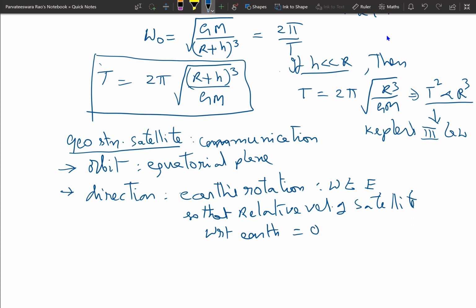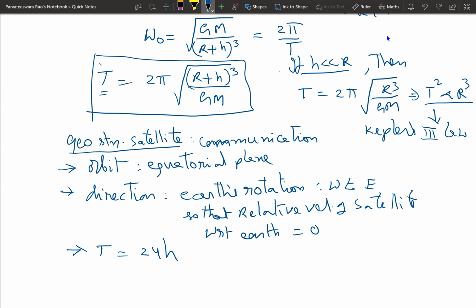Means always the satellite appears to be parked there. Next, the time period should be the same as that of Earth's rotation. So if you substitute T equal to 24 hours into 3600 seconds and the R, GM values, you get the value of h.